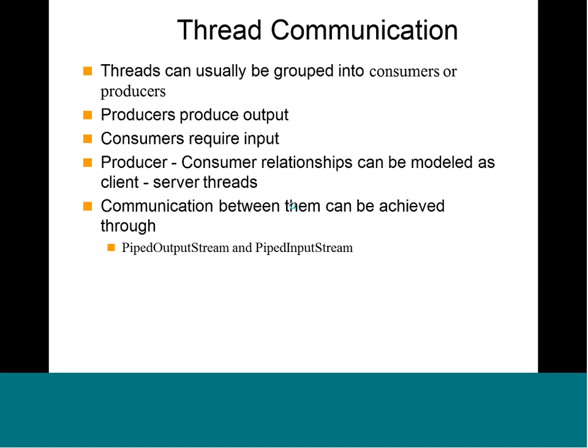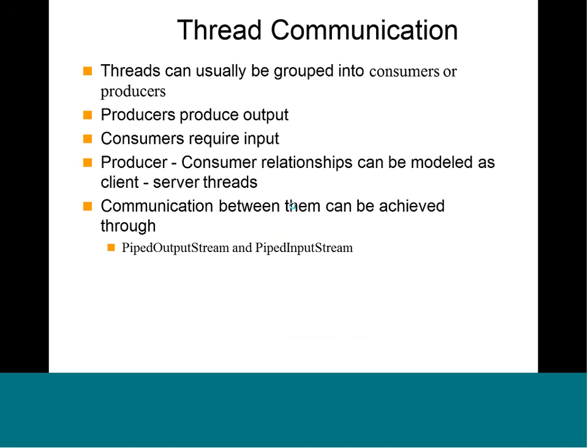Yet another concept on communication. You can implement what is called IPC, inter-process communication, or you can also implement inter-thread communication. So there are streams in Java that enable communication. So you can create threads that are either consumers or producers.